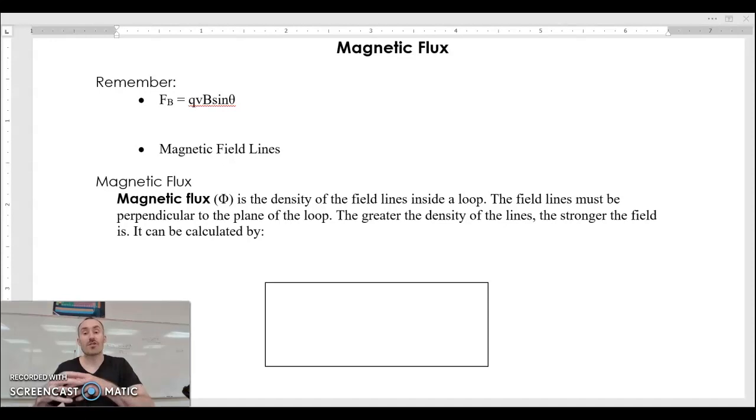So when a charge is moving through a magnetic field with a certain velocity, a force is produced on that charge. Okay, that's what that's all about. Now, if we're ignoring the sine theta part, we are then assuming that the velocity and the field are perpendicular to each other.